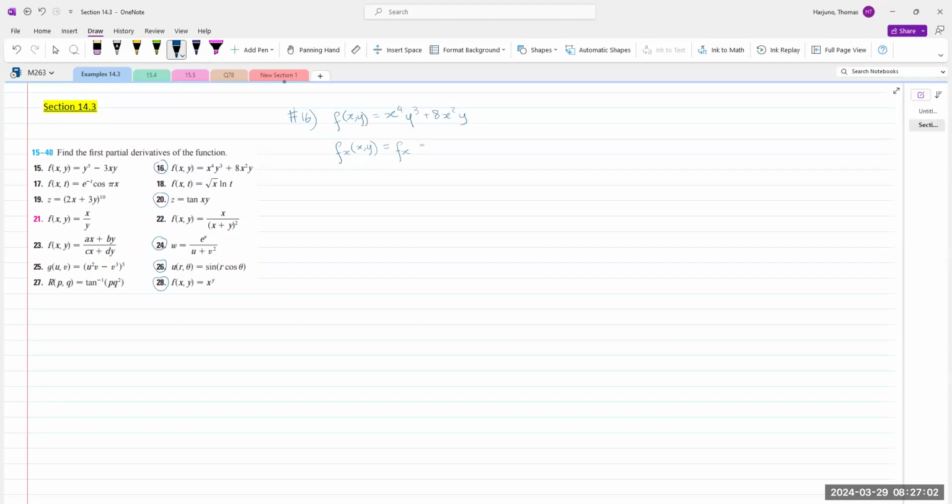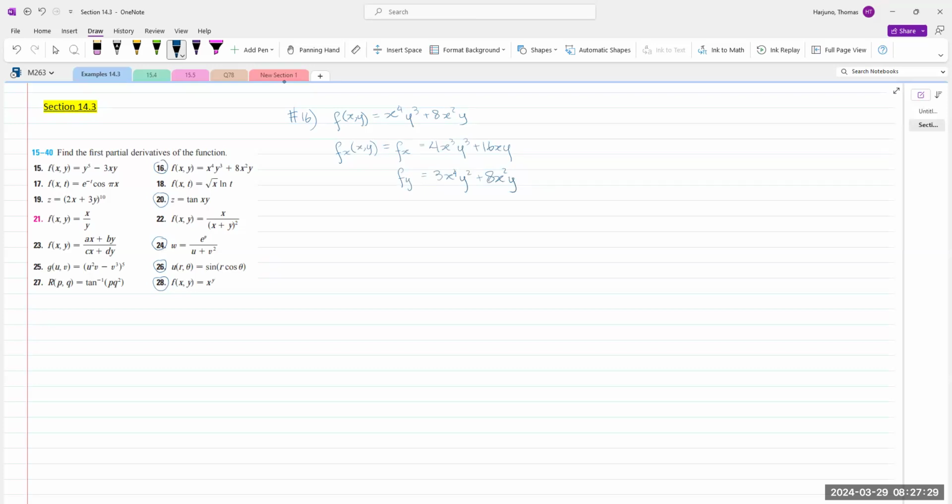So that will be 4x cubed y cubed plus 16xy, while the partial with respect to y. So please don't misunderstand it as f times y. No, it's f subscript y. That's 3x to the fourth y squared plus 8x squared y. I think that's simple. It's polynomial after all.